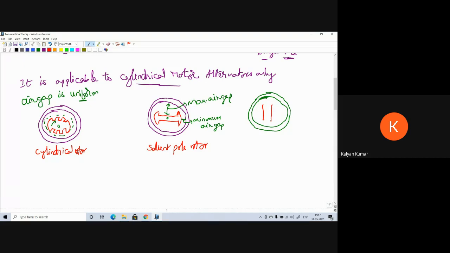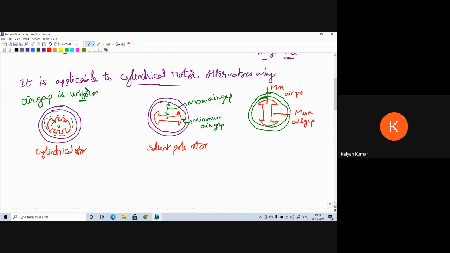The rotor has been rotated by 90 degrees. Then here we are going to have minimum air gap and here we are going to have maximum air gap.